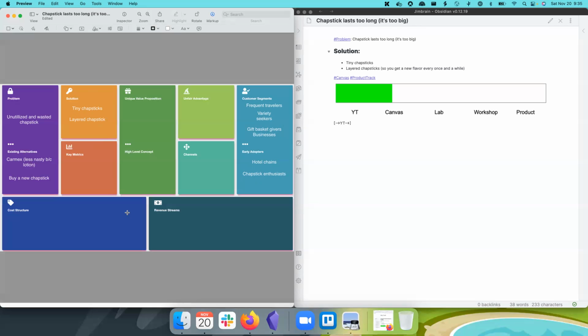What's a unique value proposition here? I think reduced waste. Reduce chapstick waste. Why so specific there? Because if you have tiny chapstick, it's a square-cube law thing.